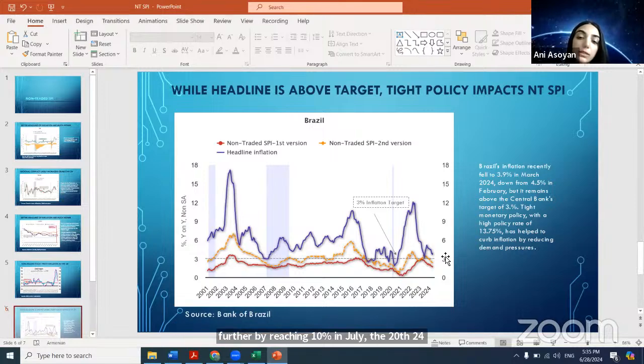So they believe that although the headline inflation is still volatile, and still above the target, looking at the non-tradable sticky prices, which have their reflection on the underlying core measure of inflation, and also looking at the inflation expectations, this tight policy that they did after COVID actually has its delayed impact on inflation.